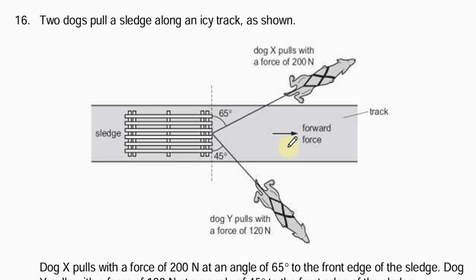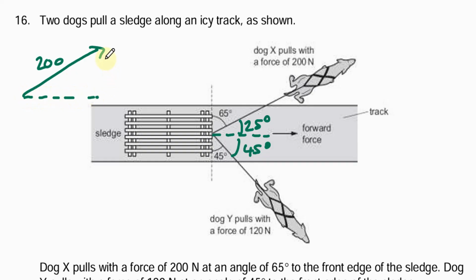Now, in order to find the resultant forward force, we need to calculate the horizontal component of each of these forces. Also note that the angle here will be 90 minus 65, which is 25 degrees. And this angle here will be 90 minus 45, which is 45 degrees. Let's start with dog X. So dog X is pulling with a force of 200 newtons.